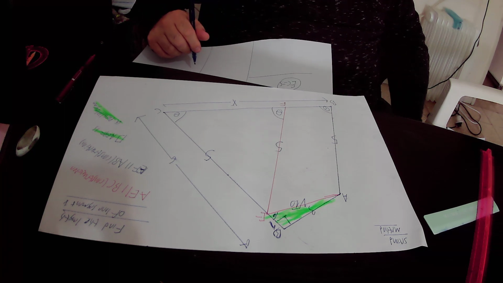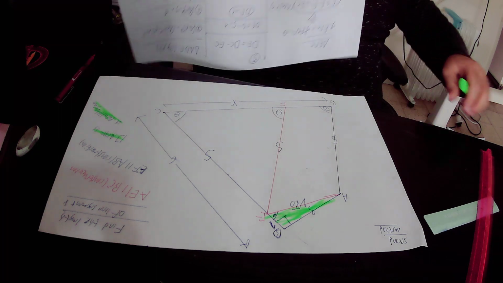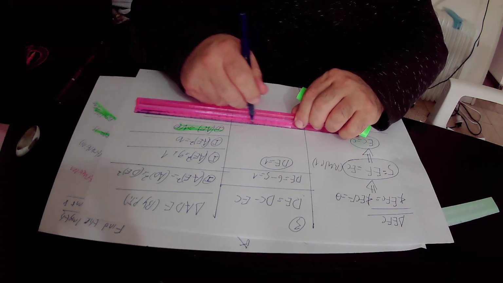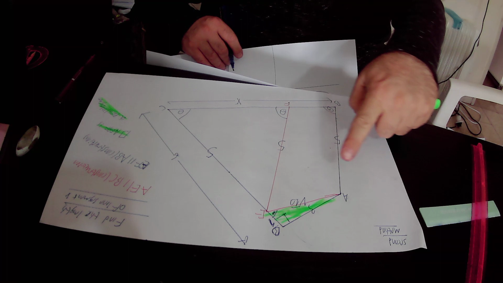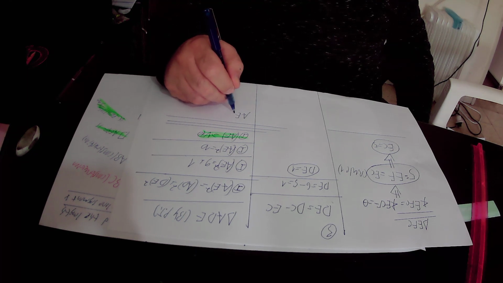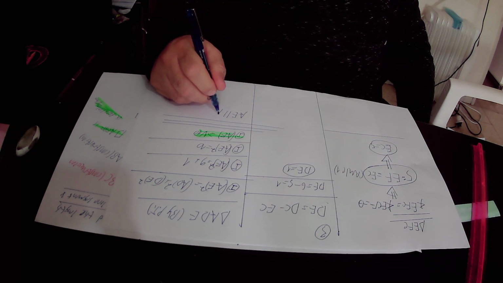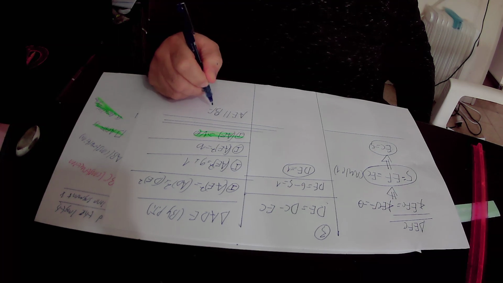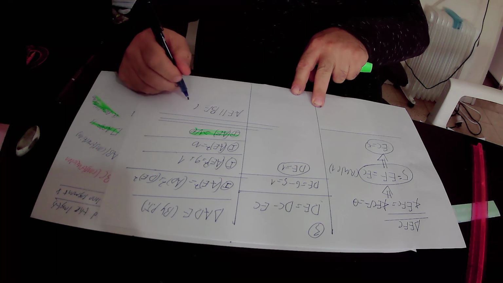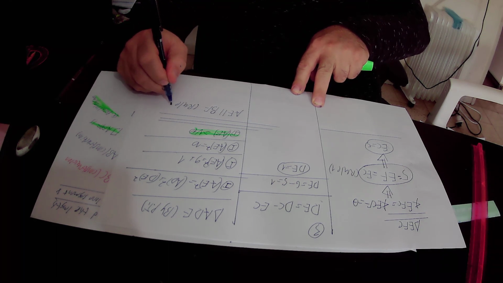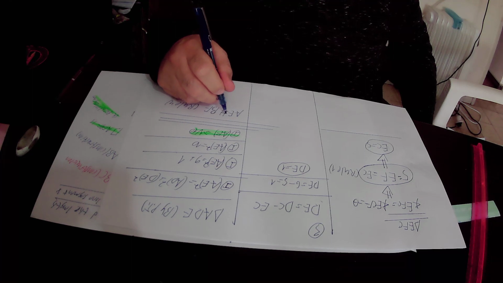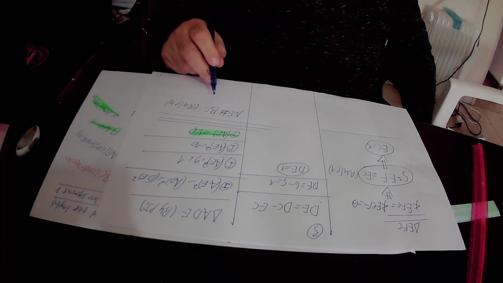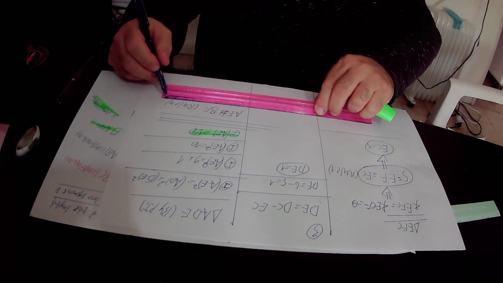And according to rule number 4, that the opposite sides of a parallelogram are equal to each other, we get that AE equals BF.